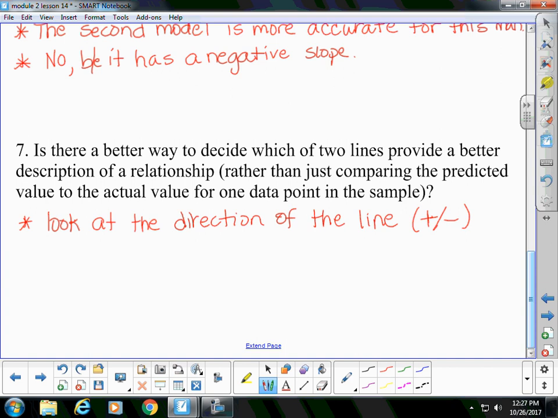And we want to make sure that the line is, let's say, roughly in the middle of the points.